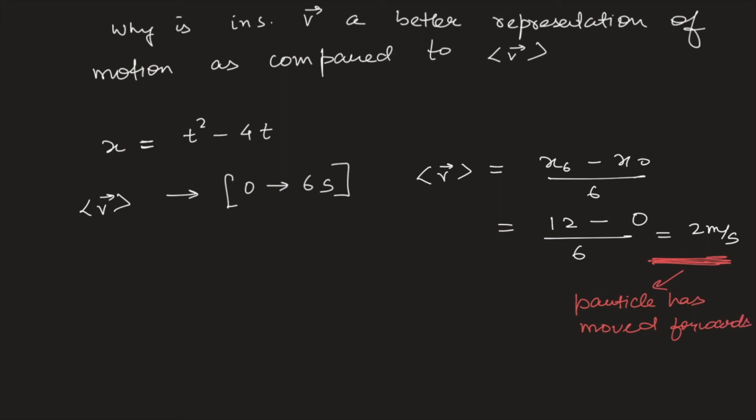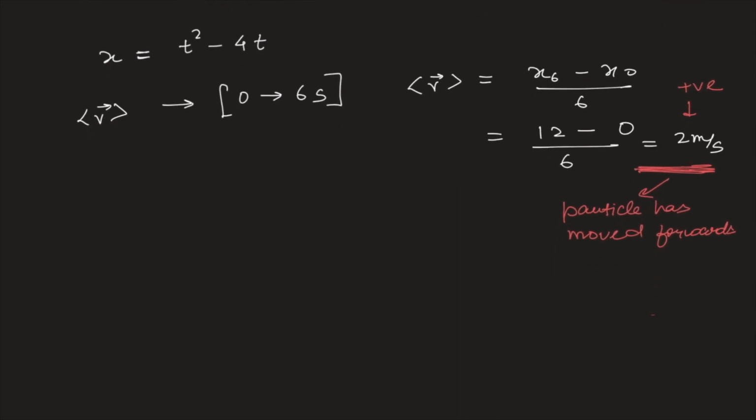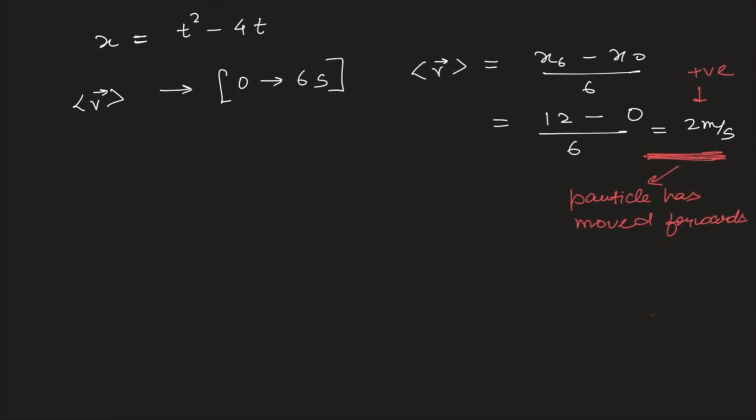This is because the answer is coming out to be positive. As you can see, the answer is coming out to be positive, and this data tells us that between 0 and 6 seconds, the particle has actually moved forwards. Okay, but let's try to understand what instantaneous velocity tells us.